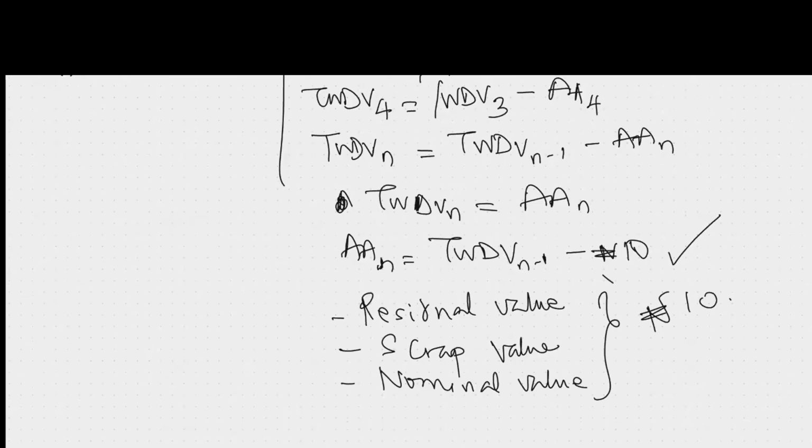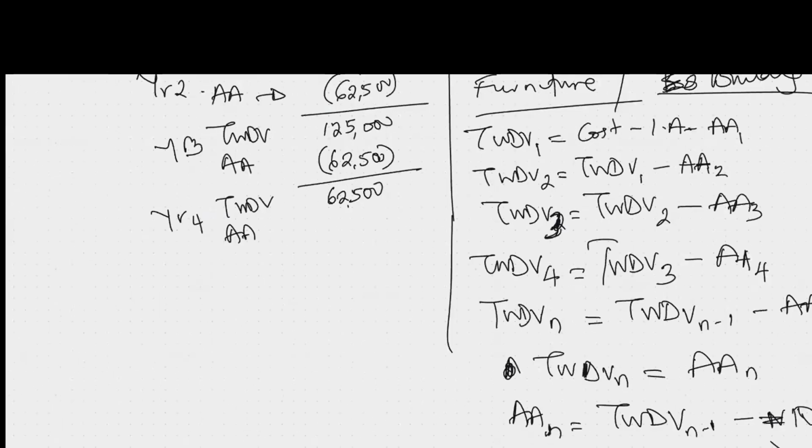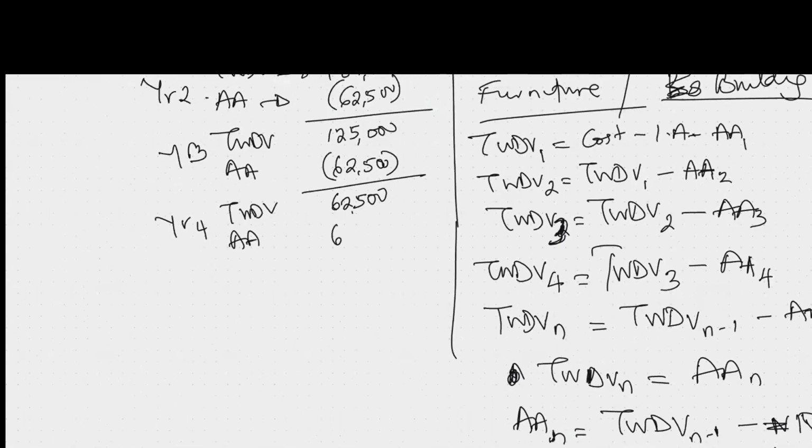Just as I've explained here, I must retain 10 naira. So 62,490. Terminal value, which is the last year, will now be 10 naira. You must retain 10 naira.